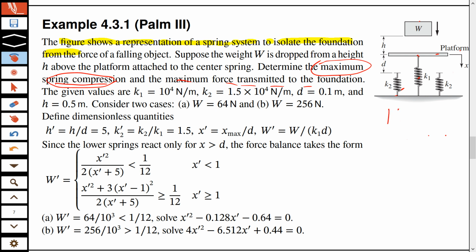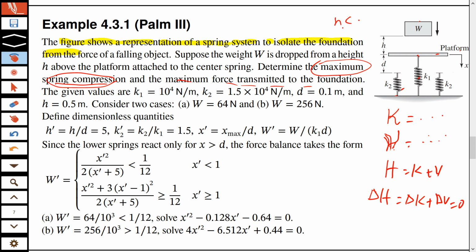So we will write down the expression for the kinetic energy and for the potential energy, this curly V, and then add the two, K plus V, and ask how much this total kinetic energy and total potential energy change. That change must be zero because there is no external non-conservative force. Non-conservative forces are zero.